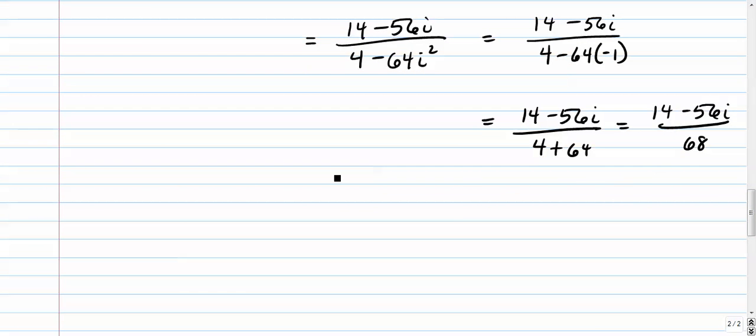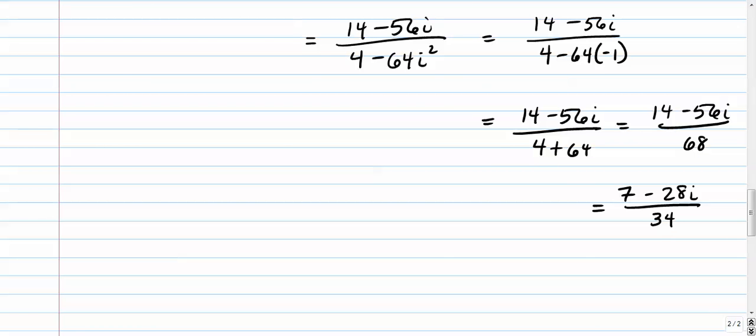Those are all even numbers, so that's kind of interesting. We want to look at potential for simplification at any point here. These are all even numbers, 14, 56, and 68. So since they're all even numbers, let's cut them all down in half. 7 minus 28i over 34.